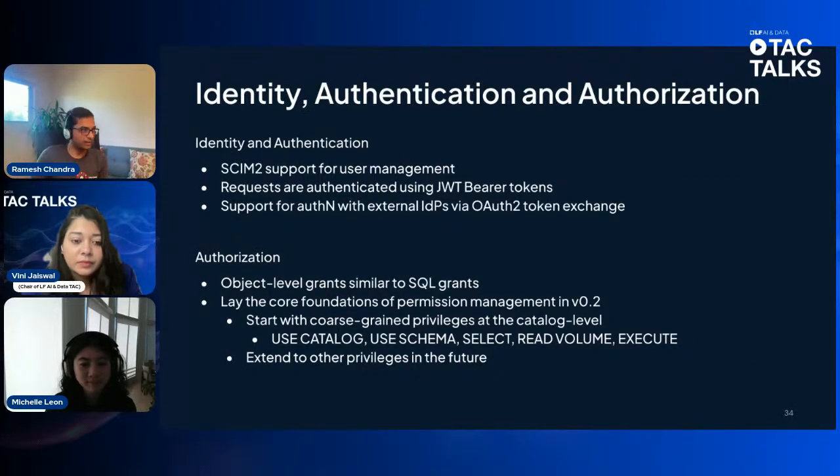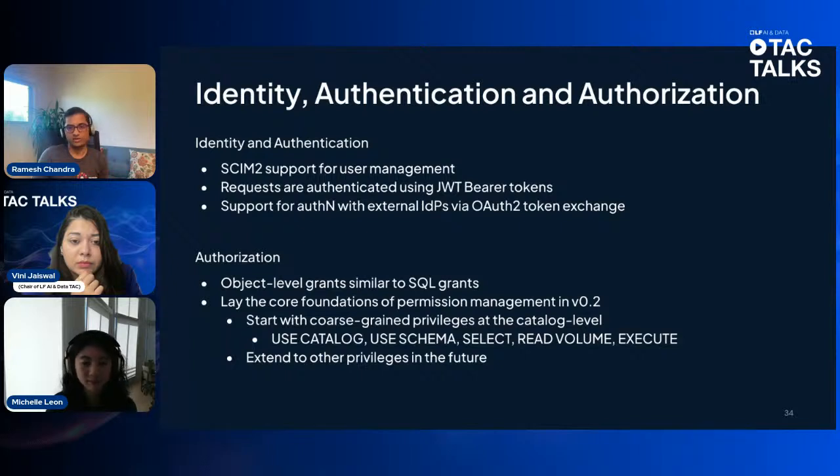So the other big governance building block that is coming in 0.2 is identity, authentication and authorization. So for identity, we're going to have SCIM support for local user management, and the requests are themselves authenticated using bearer tokens.